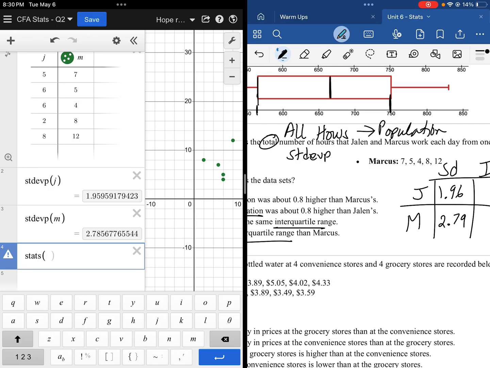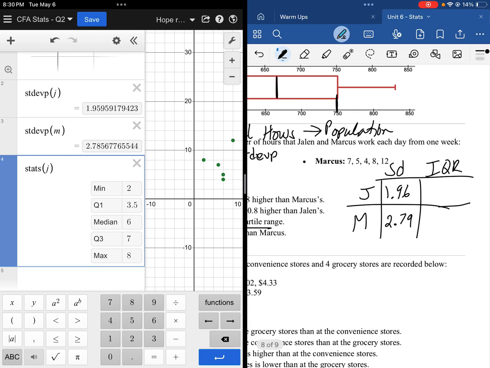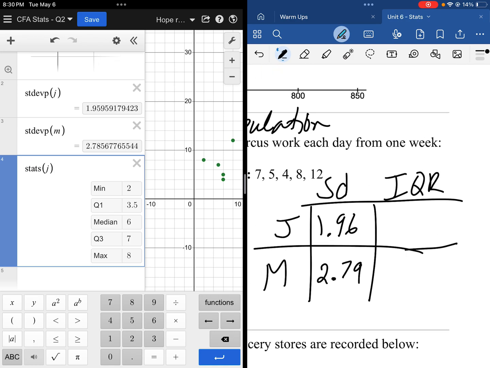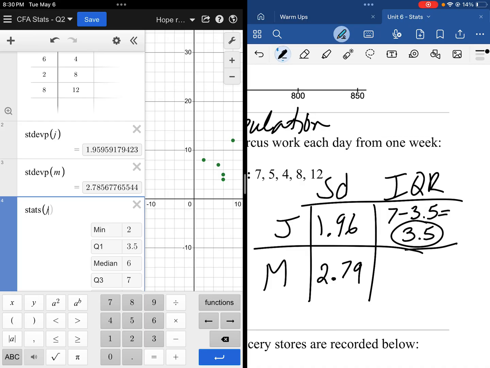So let's look up Jalen. Okay, so for our IQR, we need two things: Q3 and Q1. So we would have 7 minus 3.5. If I subtract those, that gives me 3.5.